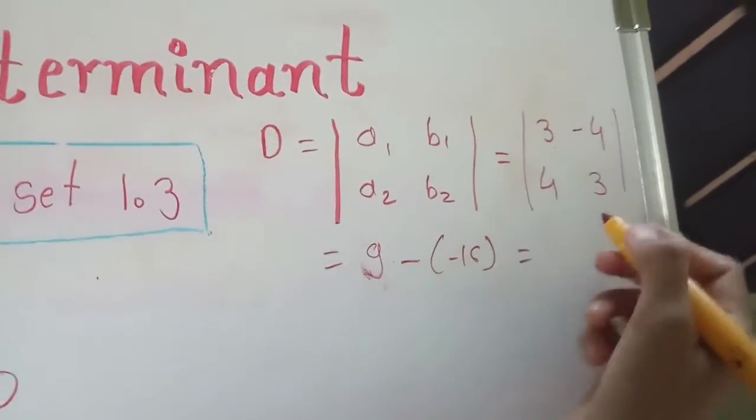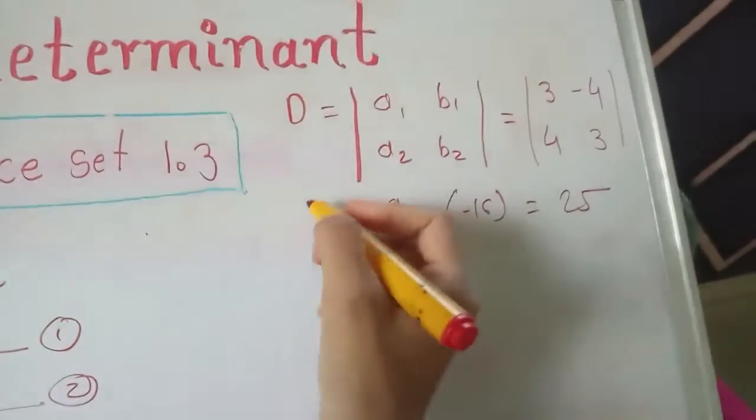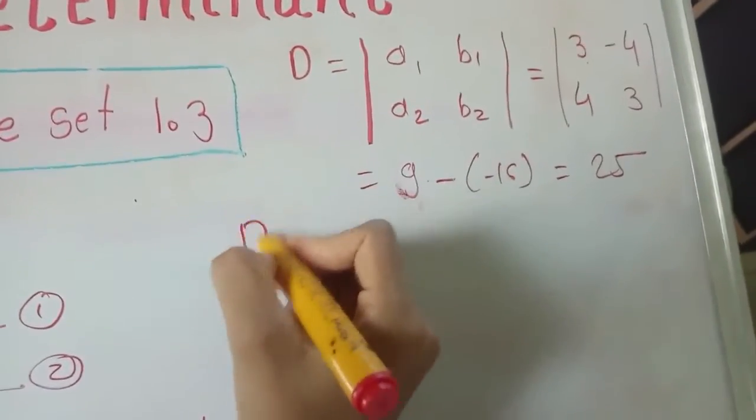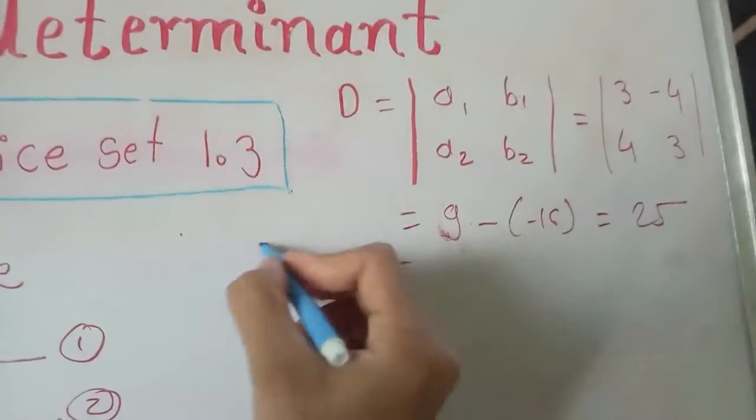Cross multiplication: 3 into 3 is 9 minus -4 into 4 is -16. So 9 plus 16 is 25. So this is the value of d. D is equal to 25.